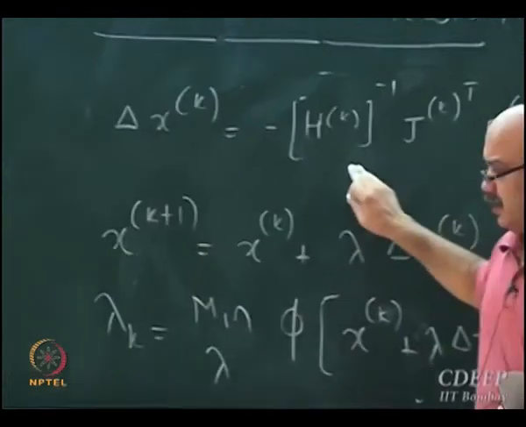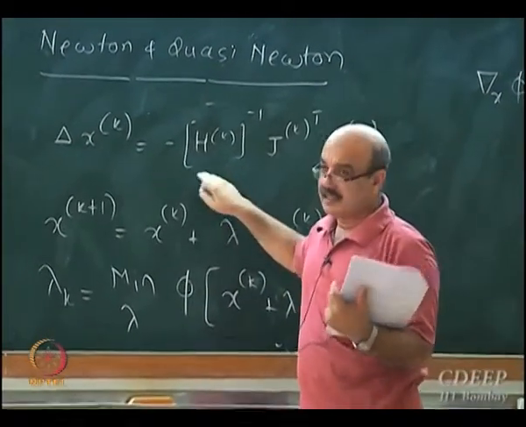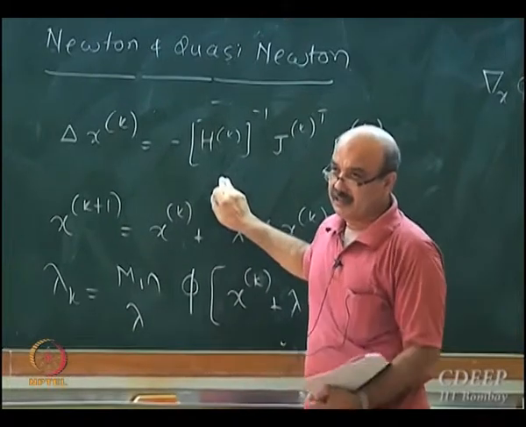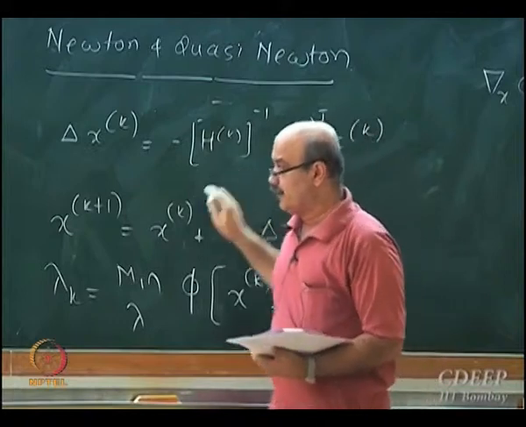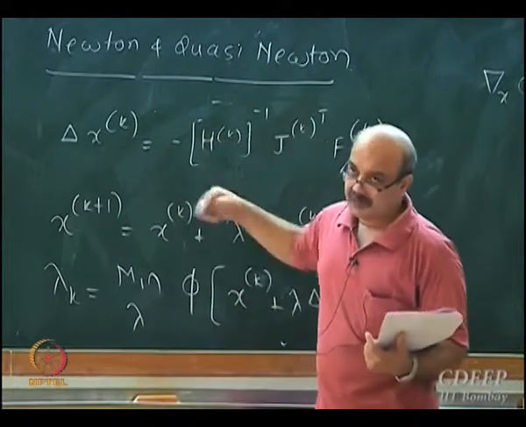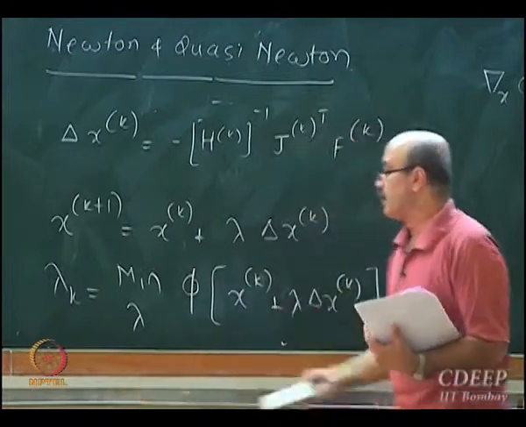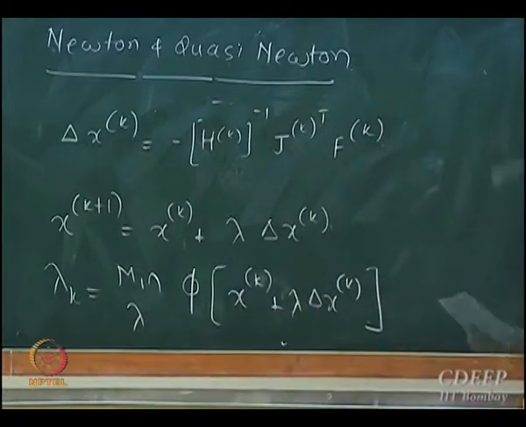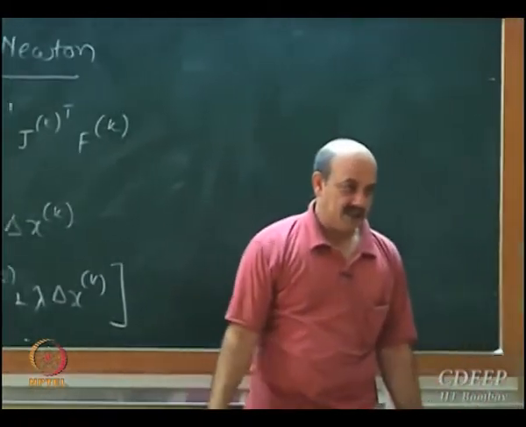Of course, the direction you get should be a descent direction, and that requires that the Hessian should be positive definite, and so on. So the convergence condition will depend upon the nature of the local Hessian. What is the advantage of the Hessian? You are using second order information, and convergence can be much better.